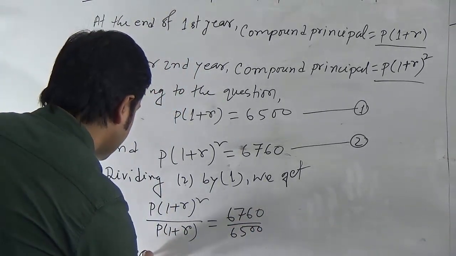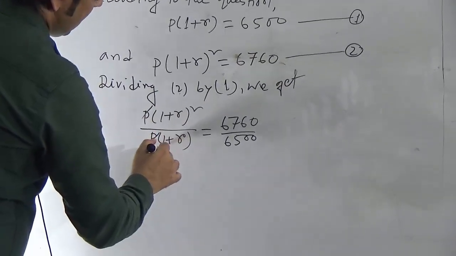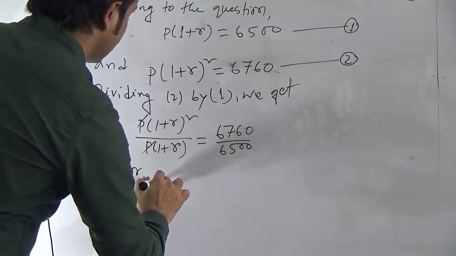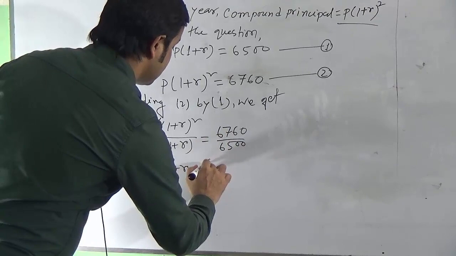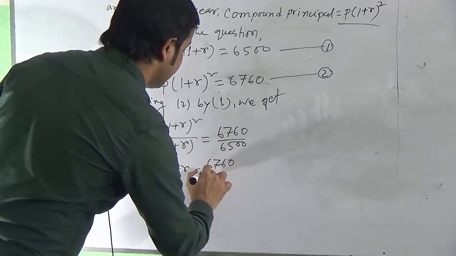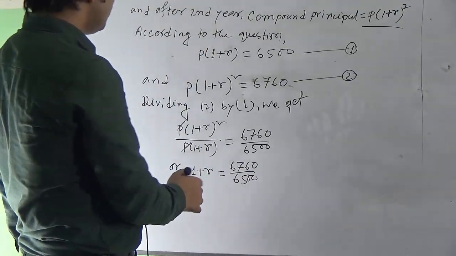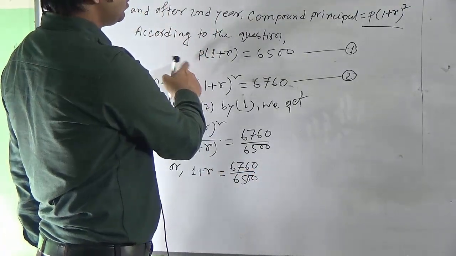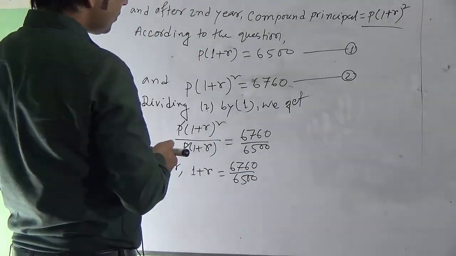Now we can cut P, and 1 plus R with 1 plus R, and the power 2 becomes 1. So we can write only 1 plus R equal to 6760 divided by 6500. Dear students, now if we put the value of 1 plus R in equation 1, we will get the value of P.